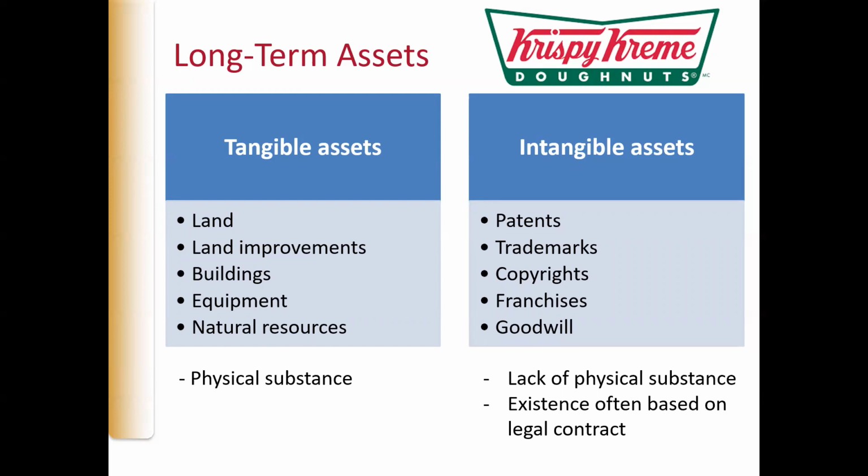These intangible assets do not have a physical presence per se, but they still can be extremely valuable. Tangible physical assets, we've talked about a lot of these: land, buildings, equipment, natural resources, whereas our intangible assets are usually derived from contracts. They would include patents, trademarks, copyrights, franchises, and goodwill. And we're going to talk about all these today.